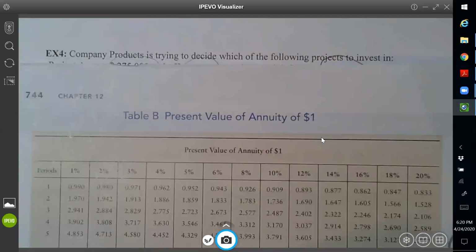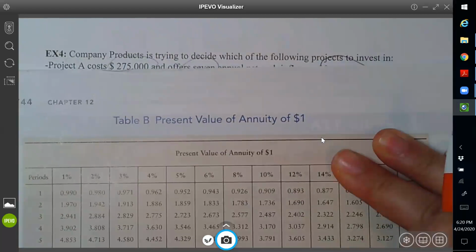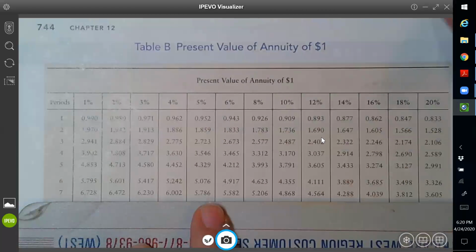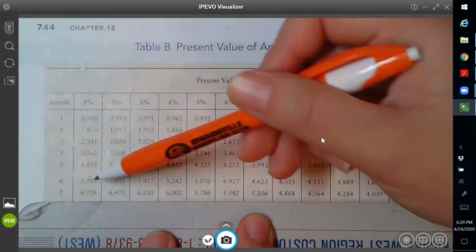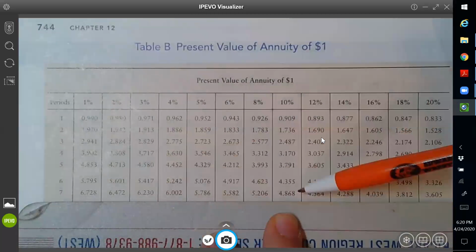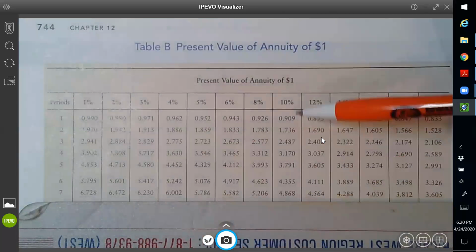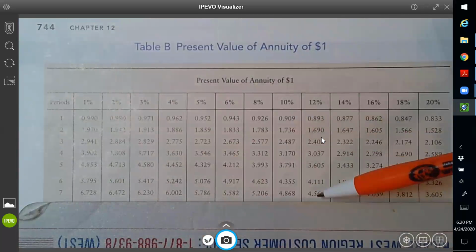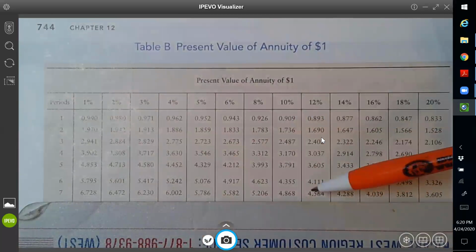You can find out if it's 10%, it will be 4.868. If it's 12%, 4.564. But ours is 4.661. So it will be between 10% and 12%.